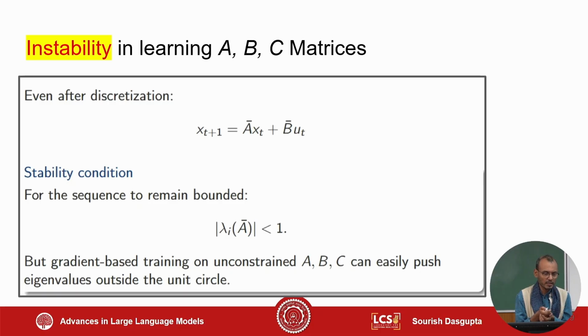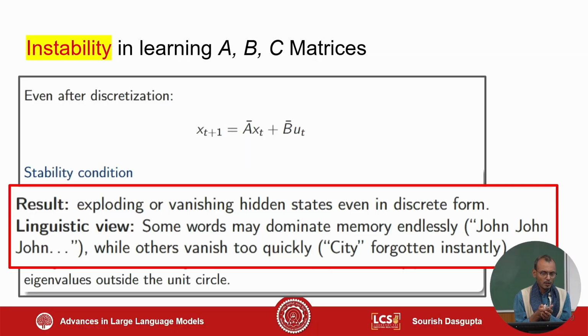So your gradient based training on unconstrained ABC can easily push the eigenvalues outside that unit circle. So it can easily explode, and sometimes it can also vanish. We will look at the cases where it can also vanish, but it can easily explode.